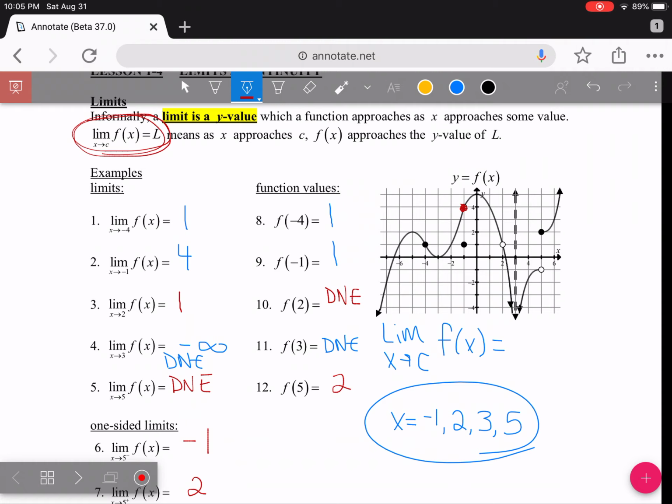So we would look here and see, are there any places where there's a hole in the graph that I could literally just fill in to remove the discontinuity? Well, that would be at x equals negative 1 and x equals 2. These two are removable discontinuities. And then this one at 5 is a jump discontinuity, and then this one is an asymptote.